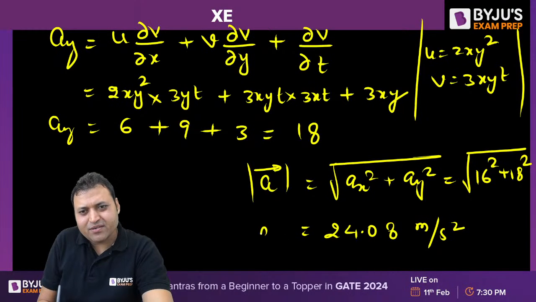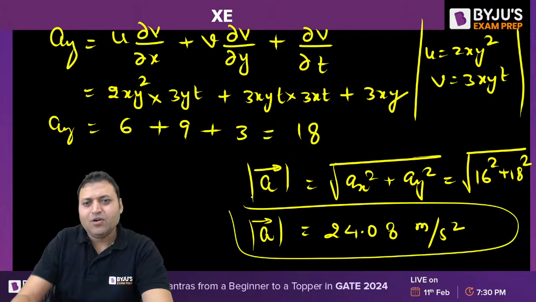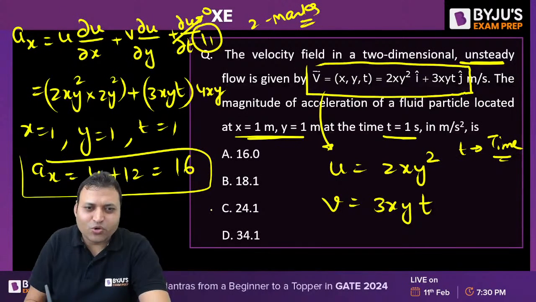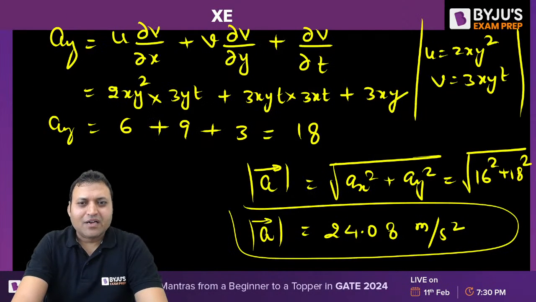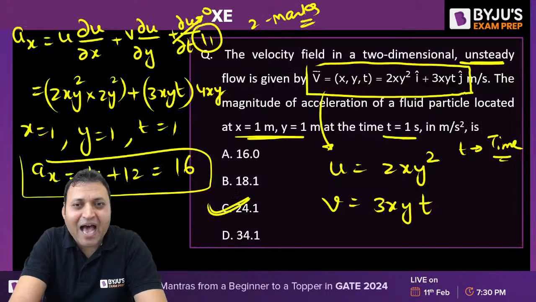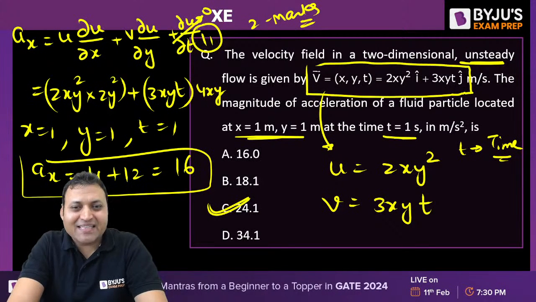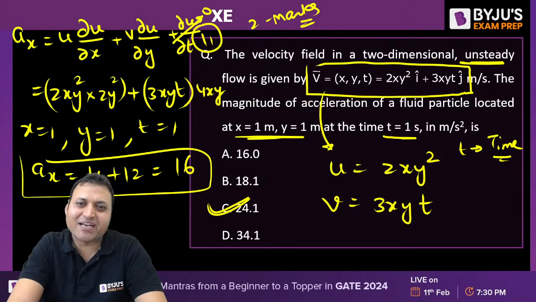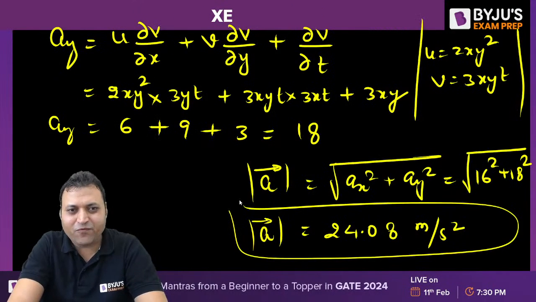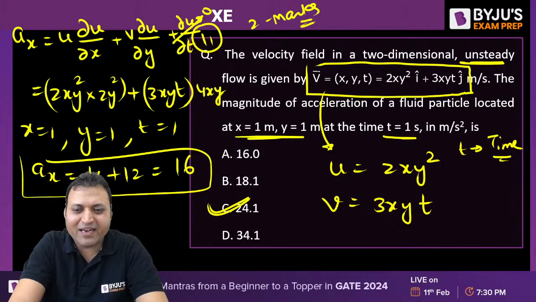Meter per second square. 24.08, so 24.1 will be the correct answer for this. Clear? Does anybody have any doubt? If the question asked only about ax, then your answer would have been 16, option A. And if the question asked only about ay, then your answer would have been 18. But it is the total acceleration, the magnitude of the total acceleration we need to find out at the given point. So 24.08, or 24.1, will be the final answer.